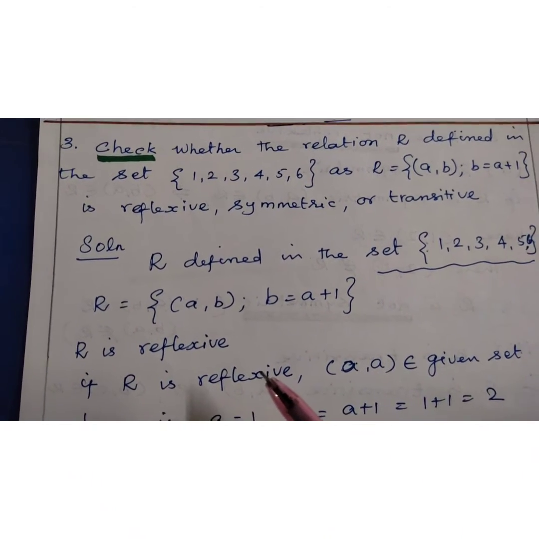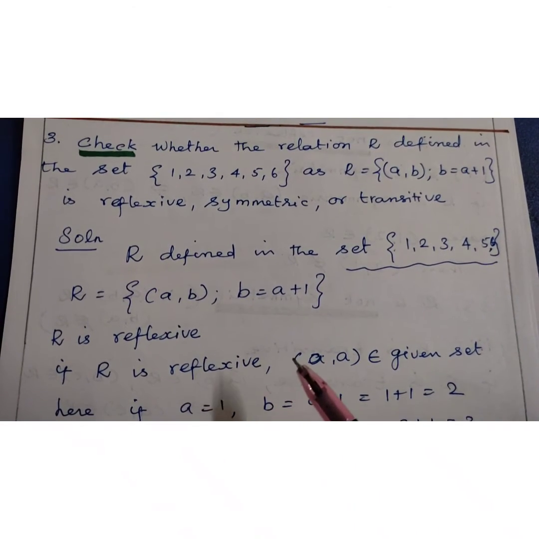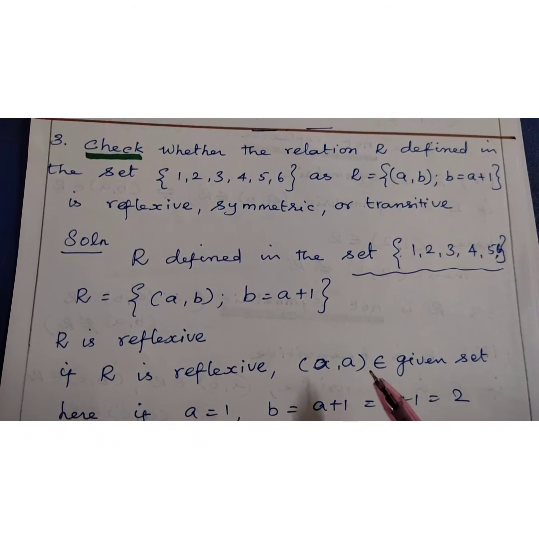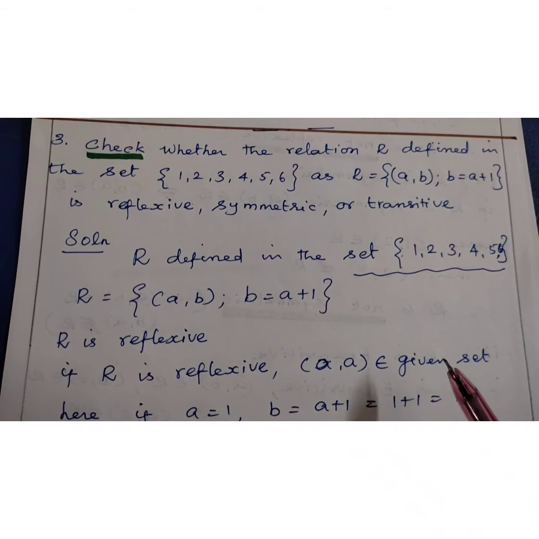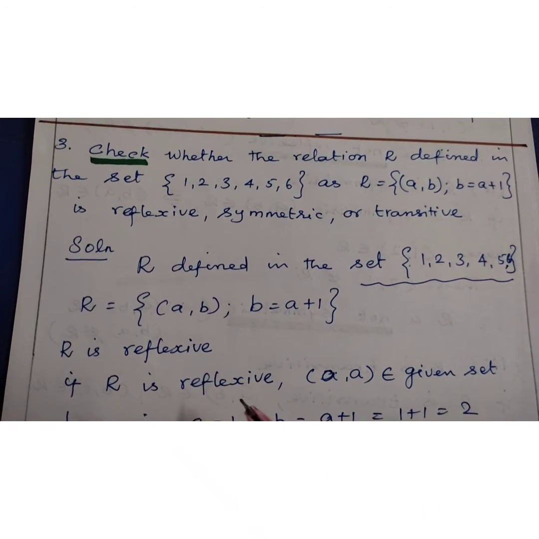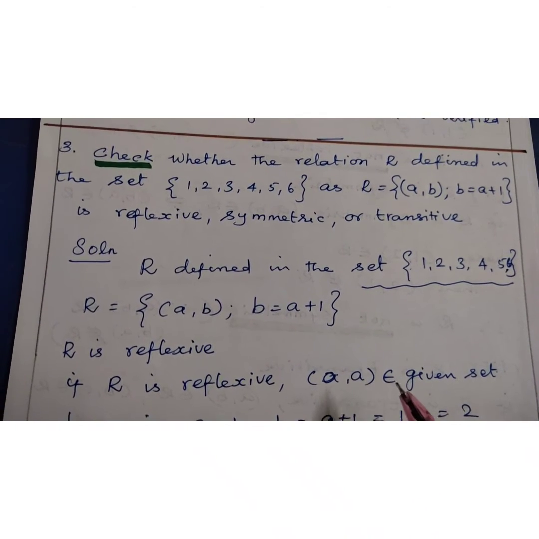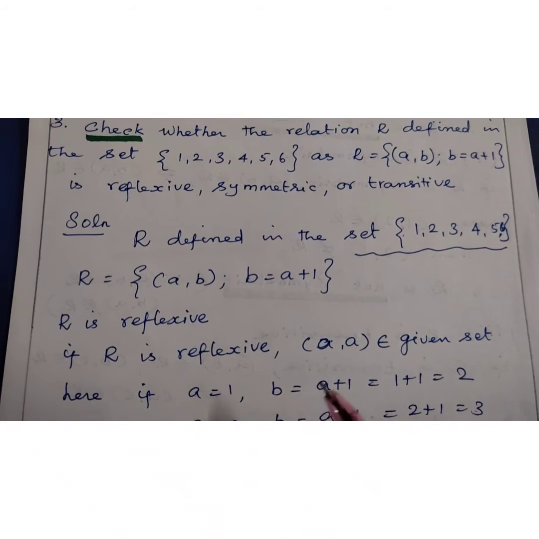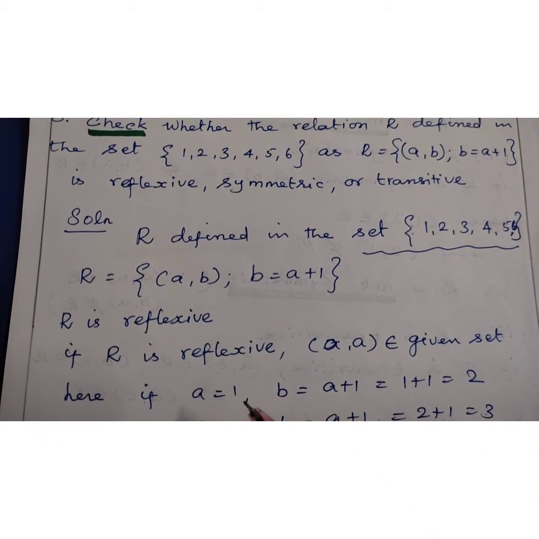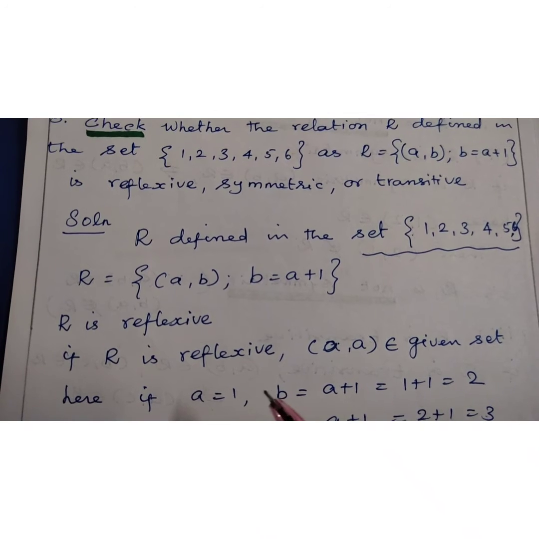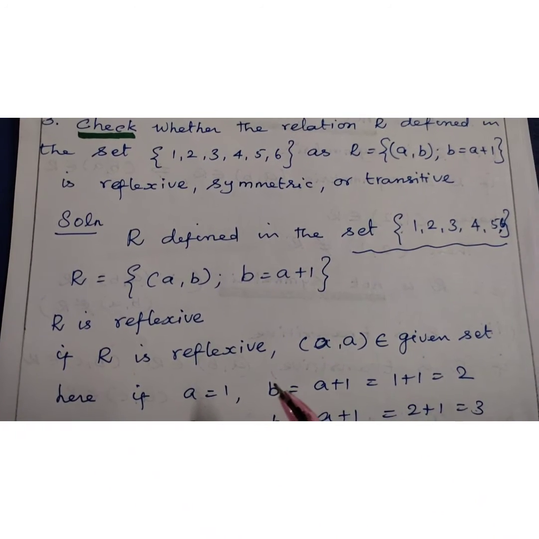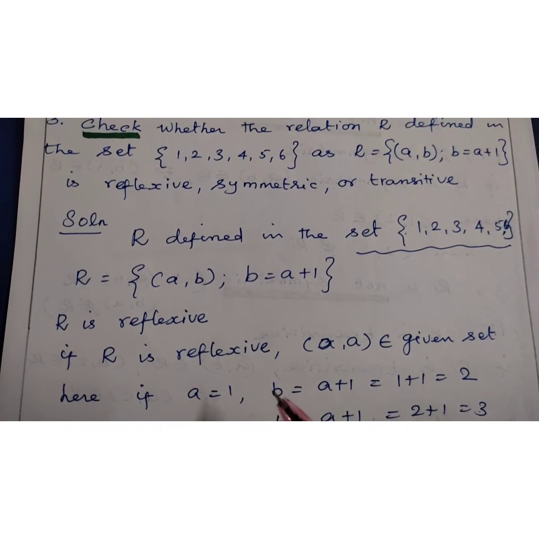Now, if R is reflexive, we know that A belongs to the given set. If we take A equal to 1, then B equals what?